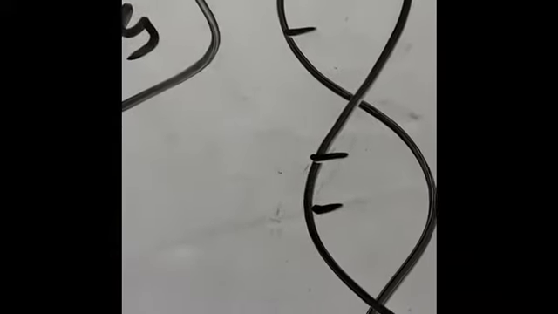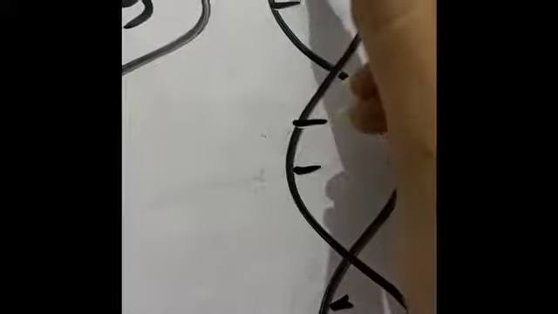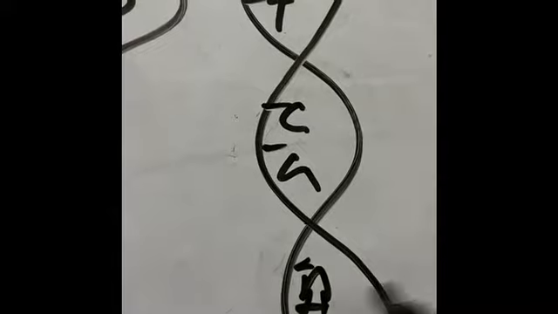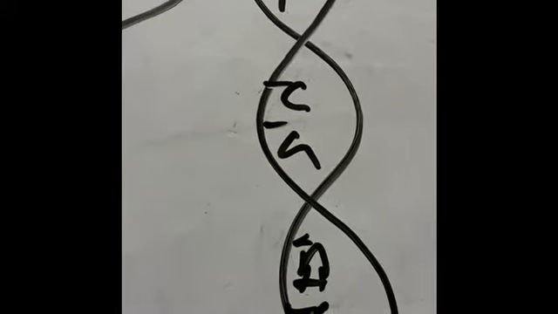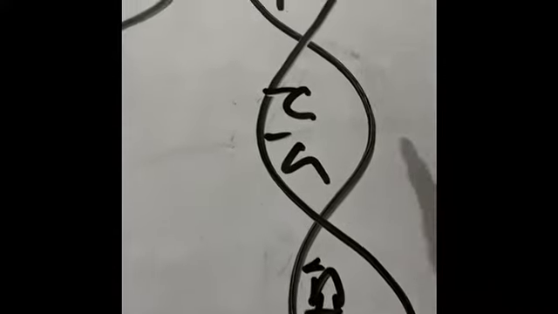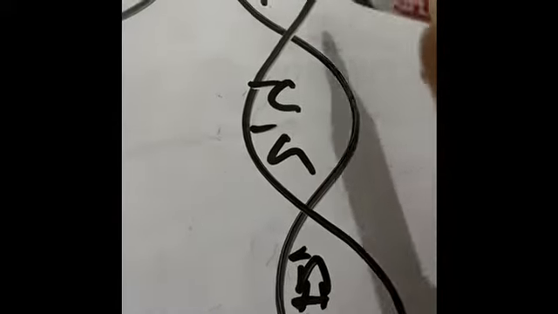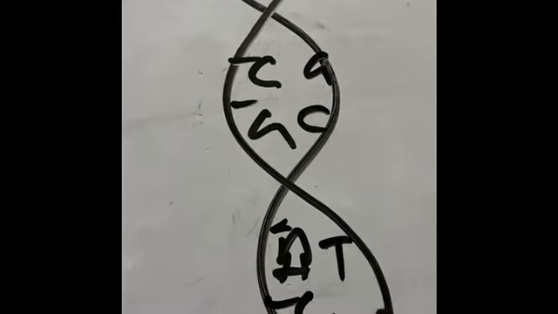But considering the fact that we do not write all of this part, we don't draw sugar and phosphate, but we just write the bases A, T, C, G, A, C. Okay, if these are present on one strand of DNA, the other strand will always have the complementary base pair, which means if A is present here, right opposite to it will always be present T. If T is present on this side, then here it will be A. If here is C, it will be G, then C, T, G.